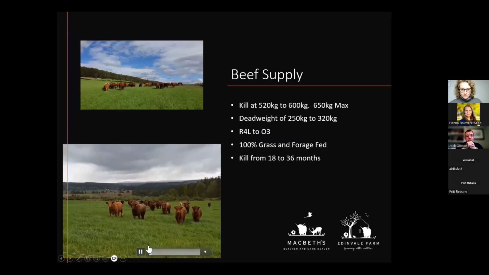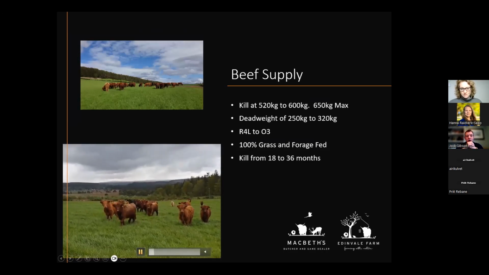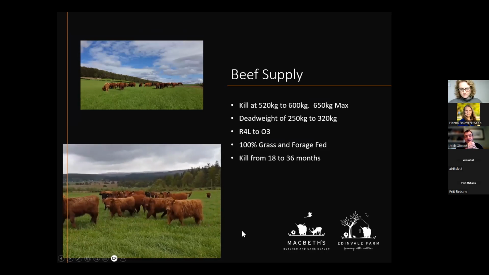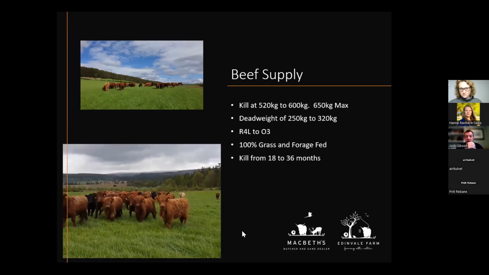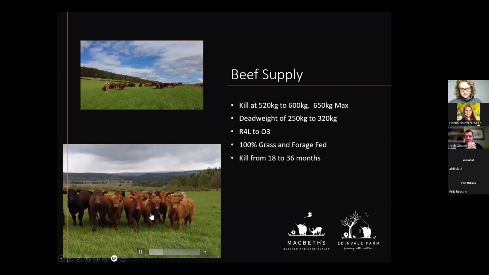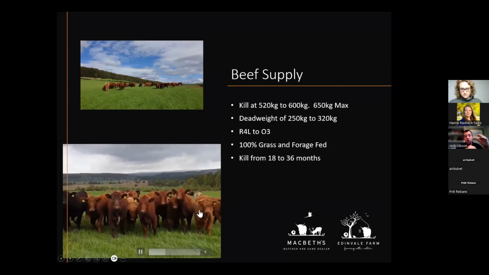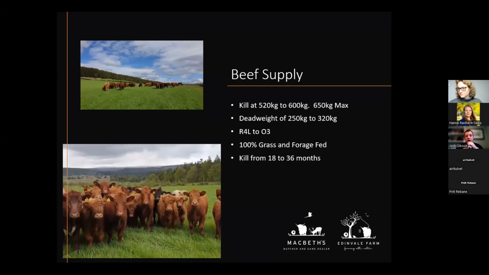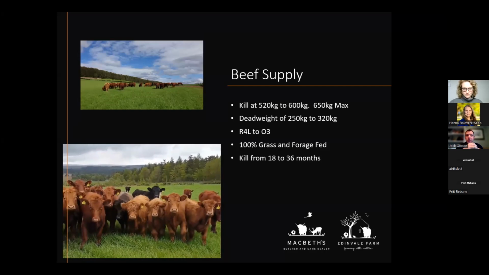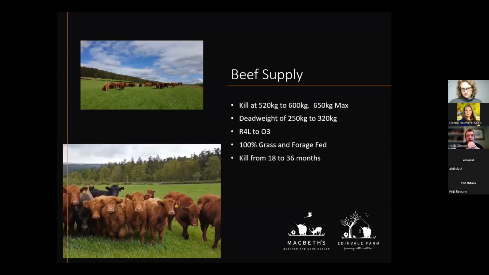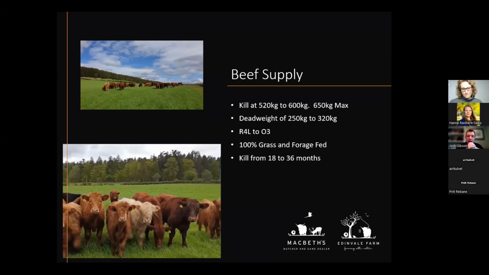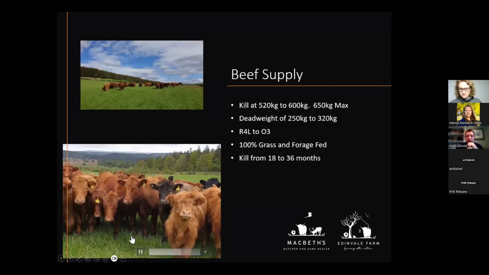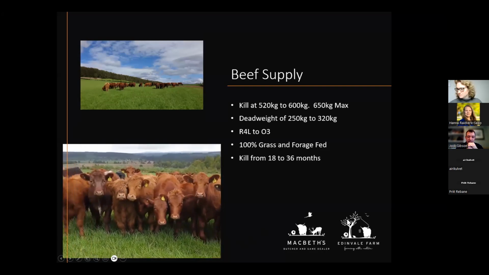So on our beef supply, we are killing at between 520 kilos to 600 kilos live weight for a dead weight of 250 to 320 kilos. So quite small cattle. And again, that suits us. We don't get a huge amount of rain here, but we get just under 1 meter a year. So it can get pretty soggy, and those lighter cattle stand up in the wet a bit better.